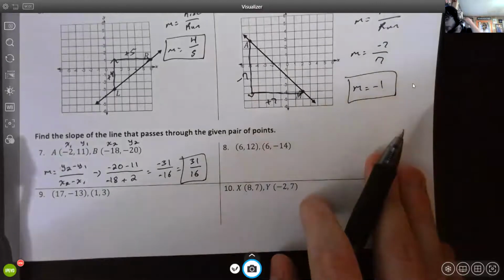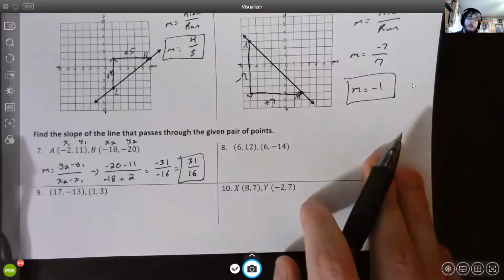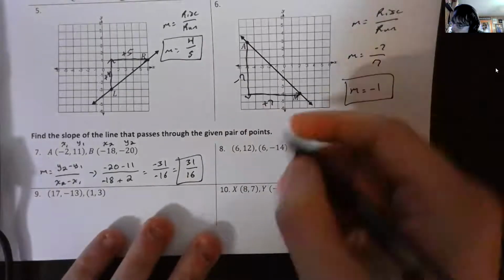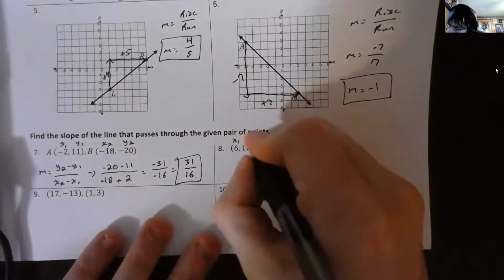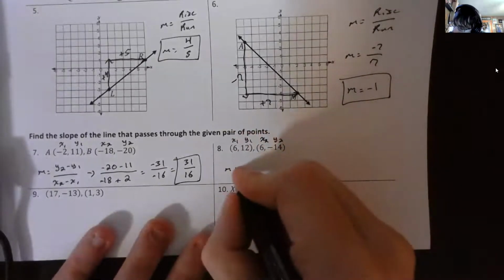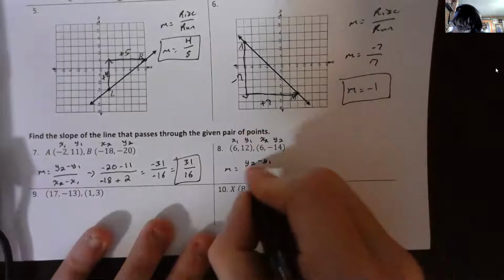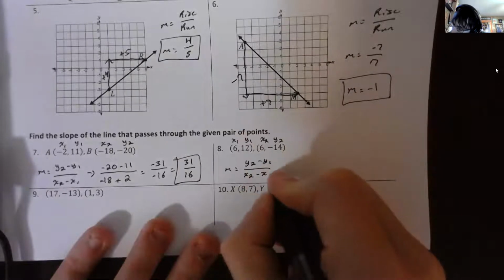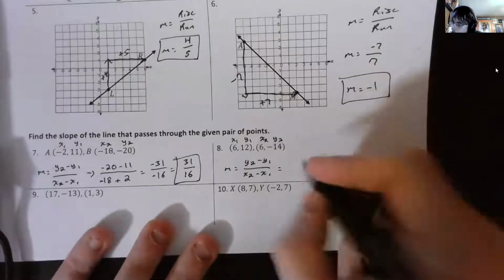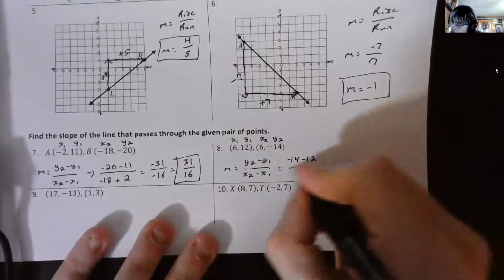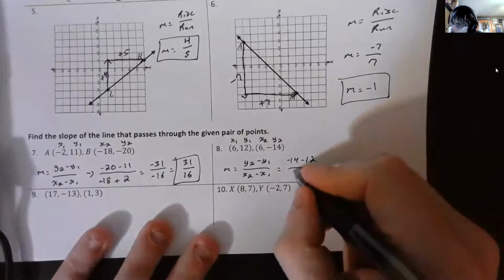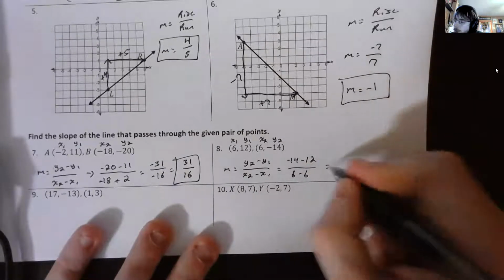All right, let's look at number 8. So number 8, our x1, y1, x2, y2. We're looking for the slope, so we're going to take m equals y2 minus y1 over x2 minus x1. So y2 minus y1 gives us negative 14 minus 12. x2 minus x1 gives us 6 minus 6.